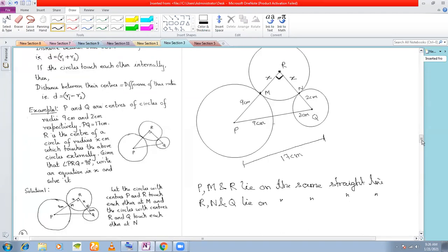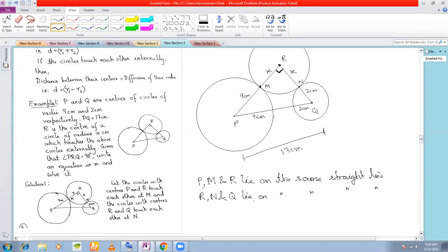And why is this? Why is it that P, M, R and R, N, Q lie on the same straight line? Because if two circles touch each other externally, then the point of contact and their centers lie on the same straight line.